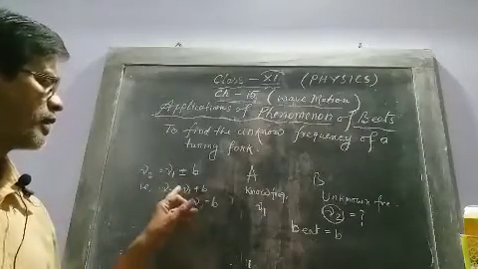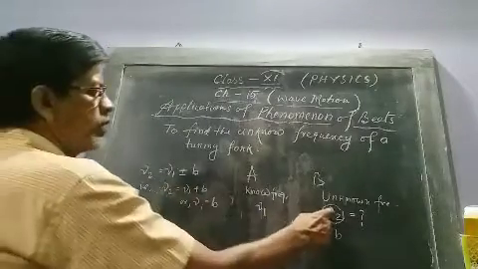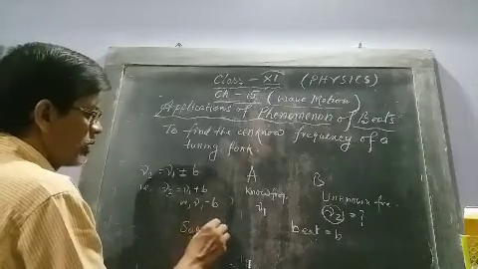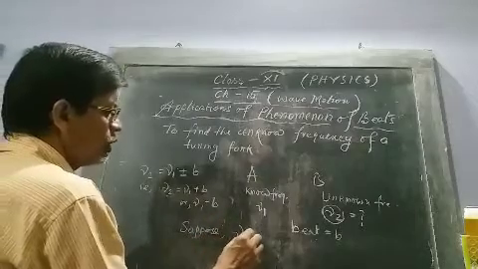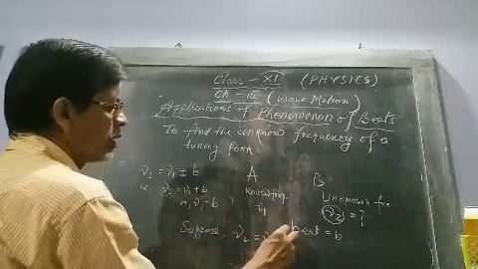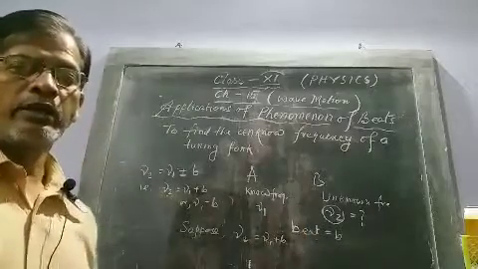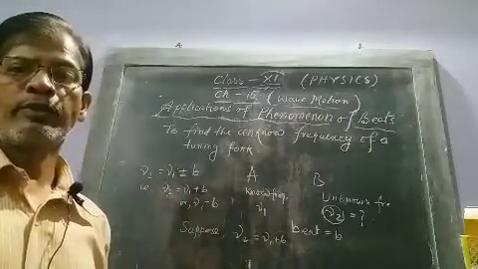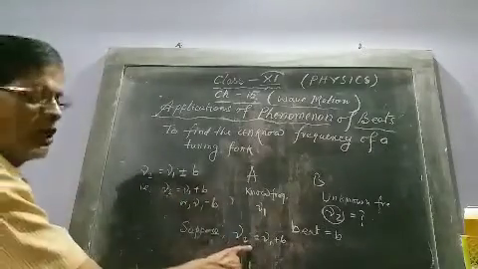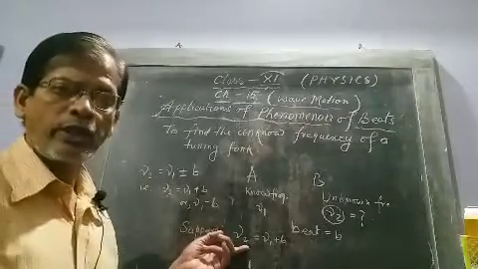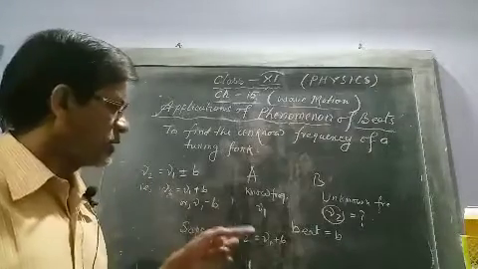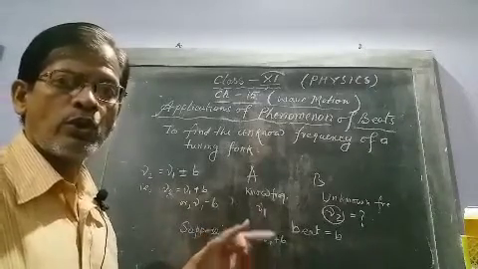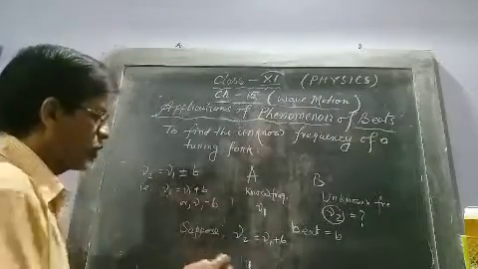Suppose the unknown tuning fork has frequency more than the known frequency, nu2 equal to nu1 plus b. Now it is loaded, and due to loading its frequency decreases, and since its frequency is decreasing, the difference between these two also decreases, so beat frequency decreases.